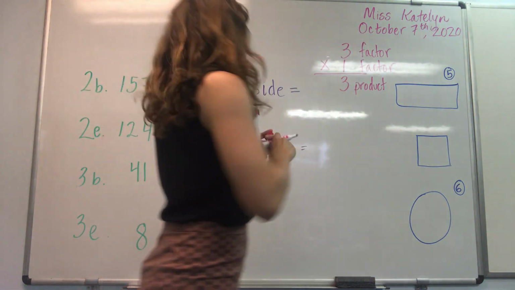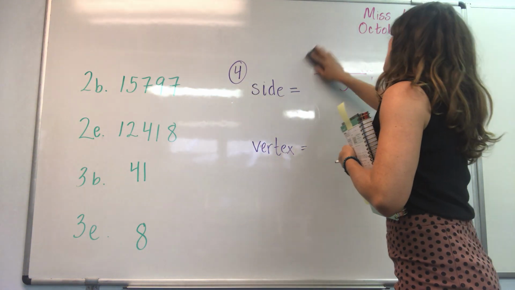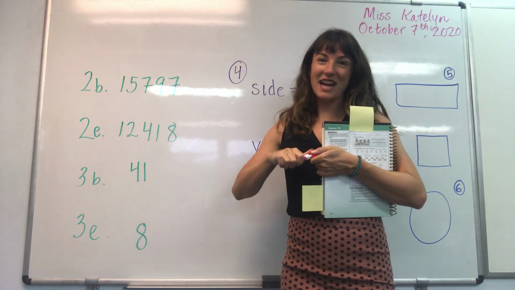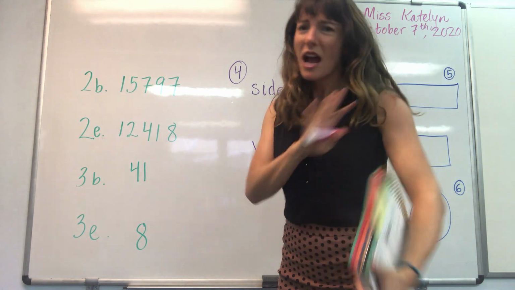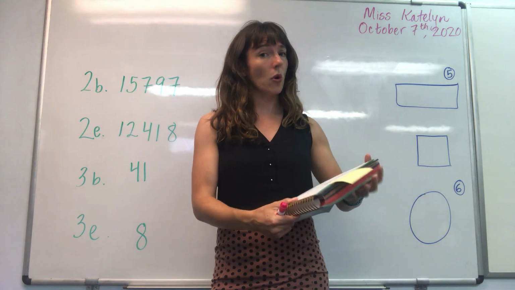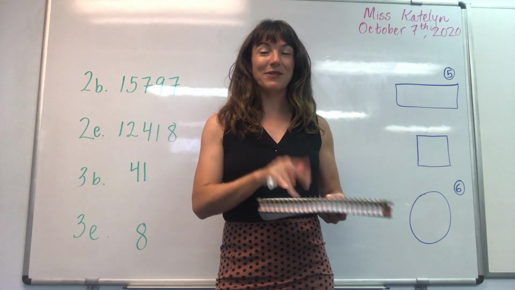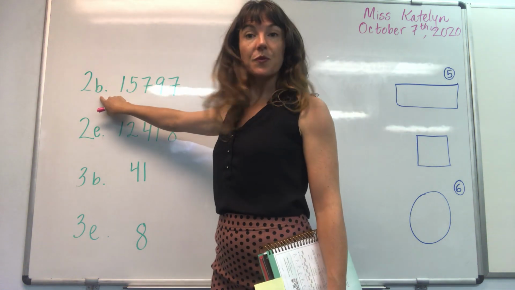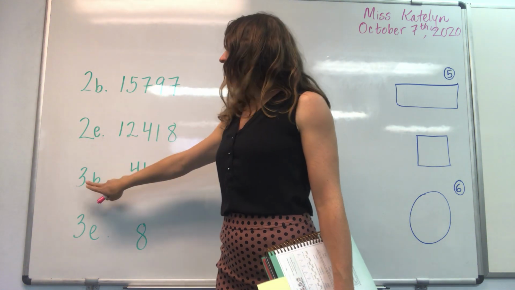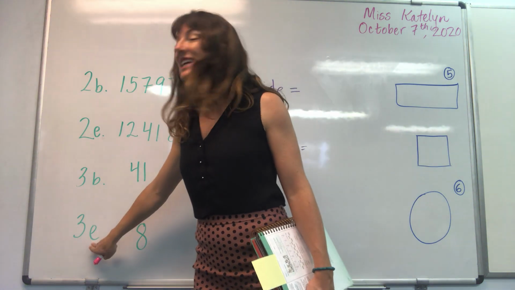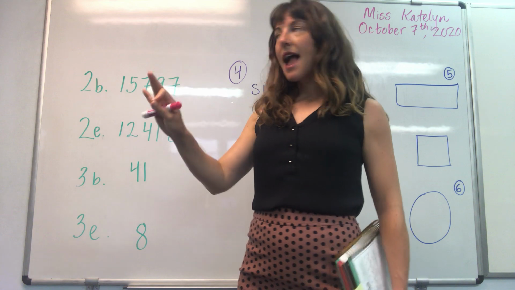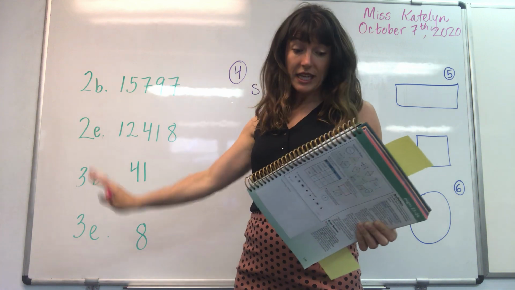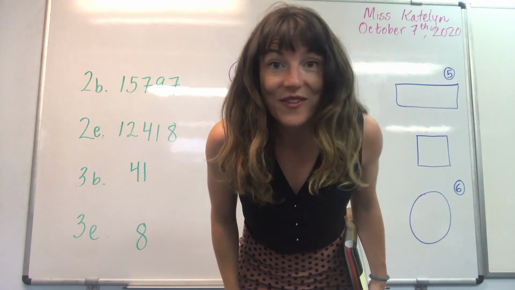3. Now, all of you have 3 times table flashcards, and your homework is to be practicing them all the time. So this front page is going to be very quick for you. All right? I'm not going to work on times 3 with you. You've already been practicing that. I am going to skip down to section 2 and section 3 because I want to do 2B and 2E with you, as well as 3B and 3E with you, which leaves 2A, C, D, F, and 3A, 3C, 3D, and 3F as your homework after this video.